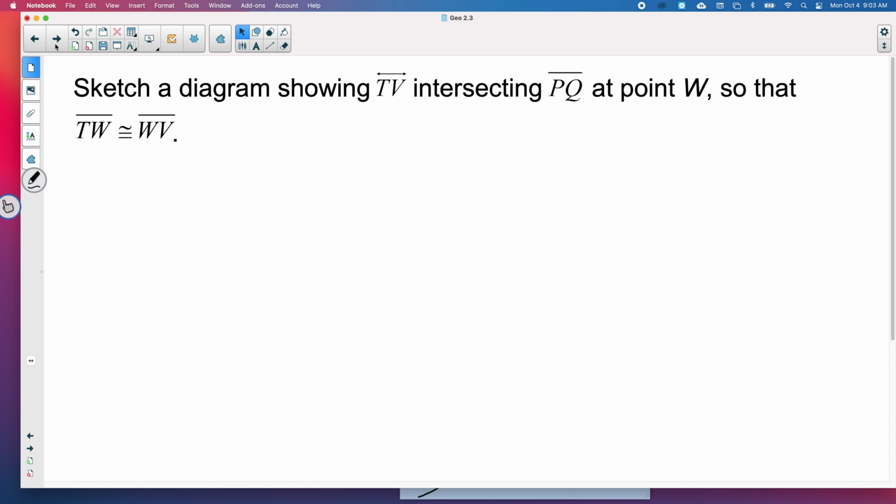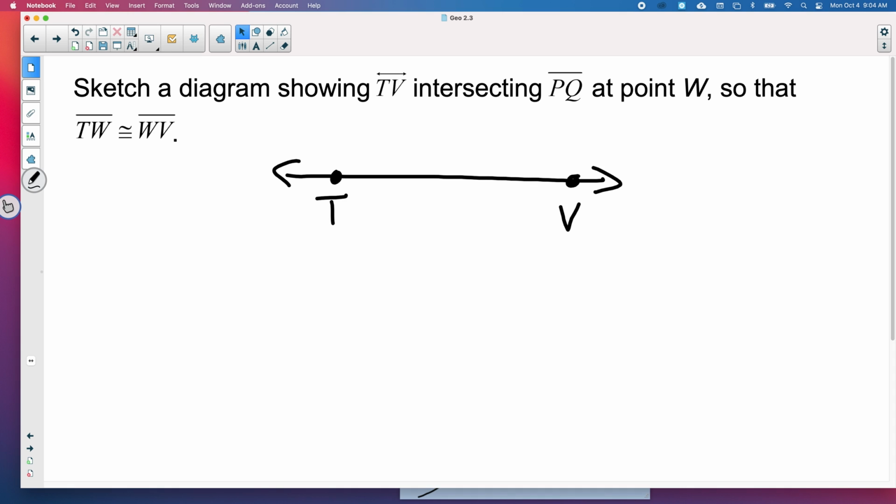So first let's just start. If I draw a line TB, you want it to intersect segment PQ at point W, and that W needs to be what if I want those two segments to be equal?